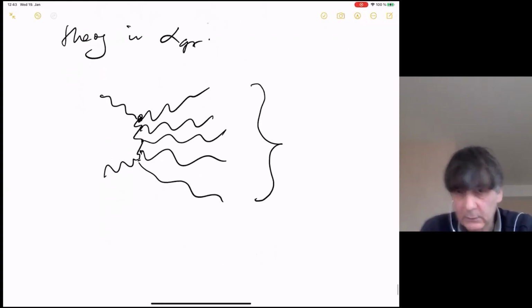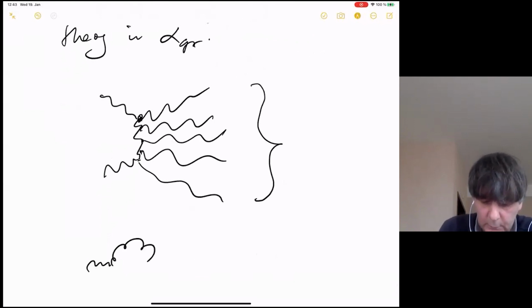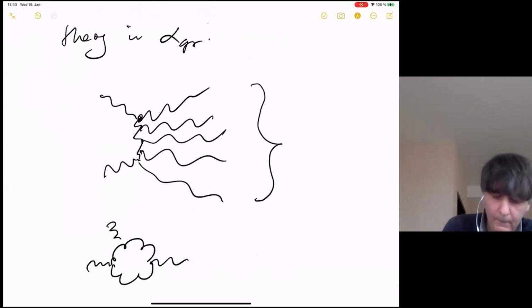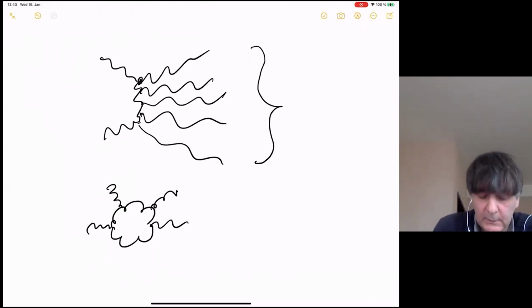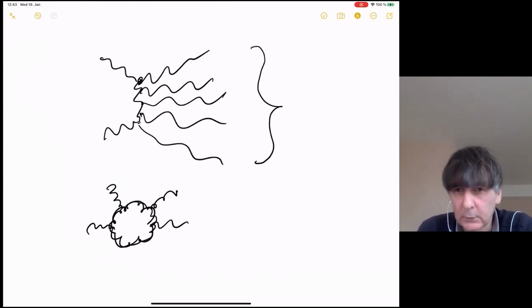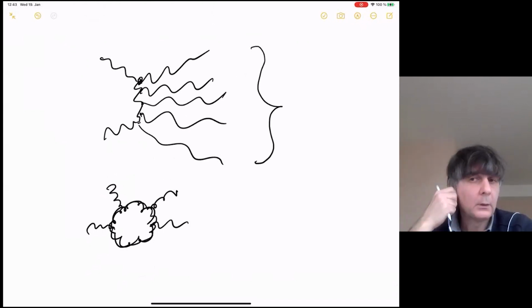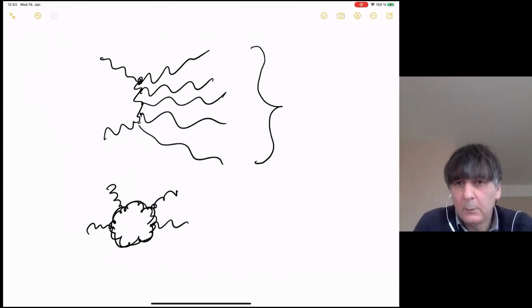However, of course, the moment we start considering loops, we need to do something about loops, because the momentum of virtual gravitons flowing in the loops can be arbitrarily high, okay?